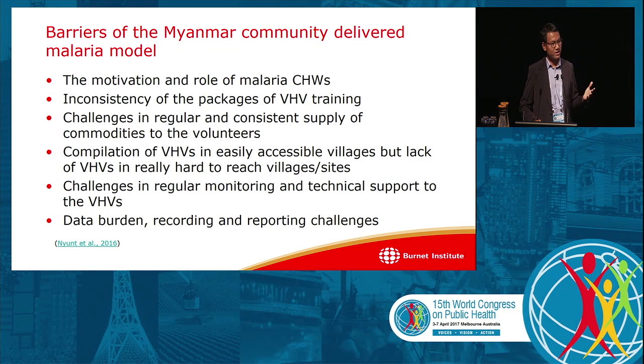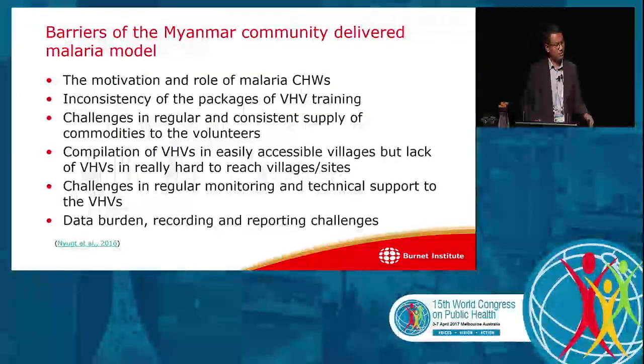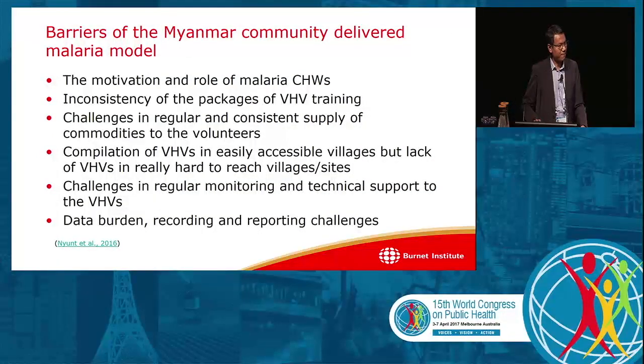So they were very important people in the village before, but now the problem has declined and their role has also declined. This is one of the issues, and the other is the inconsistency of the training package of the village volunteer.